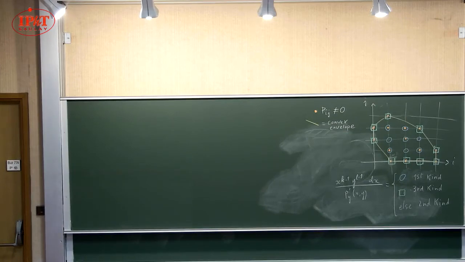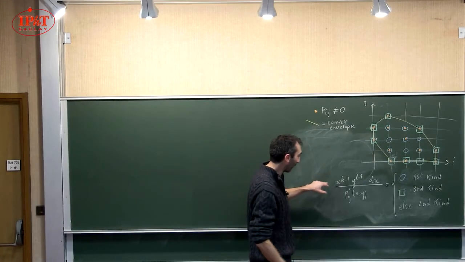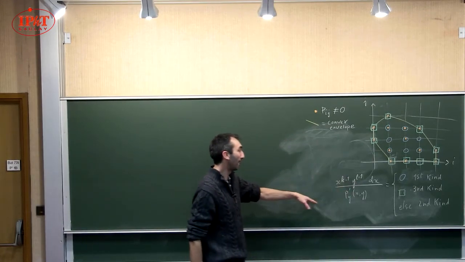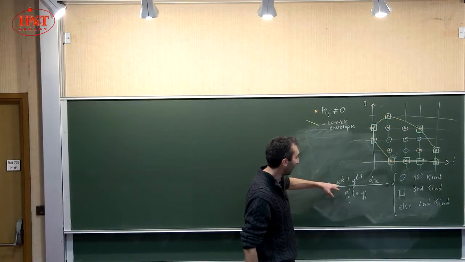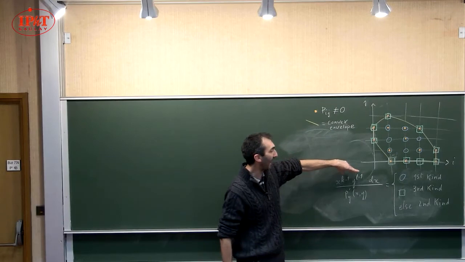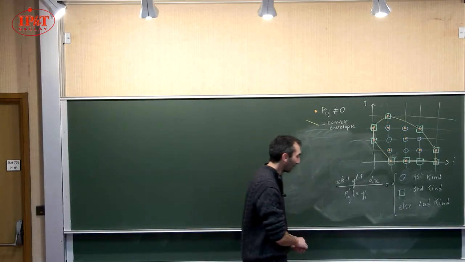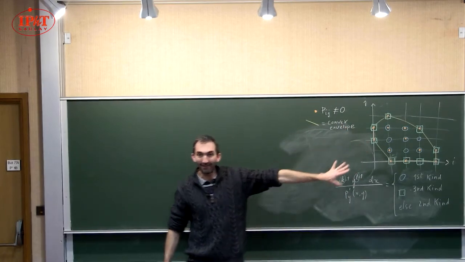Yes, so this is the third lecture. In the last lecture, I showed you that those differential forms can be classified in three kinds, depending on where the point KL is in the plane.